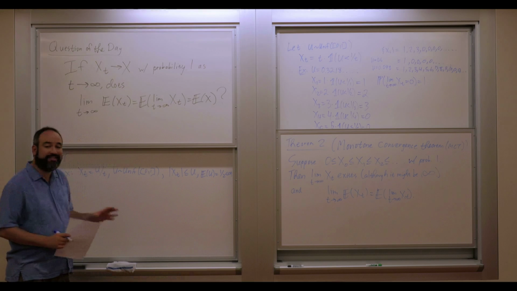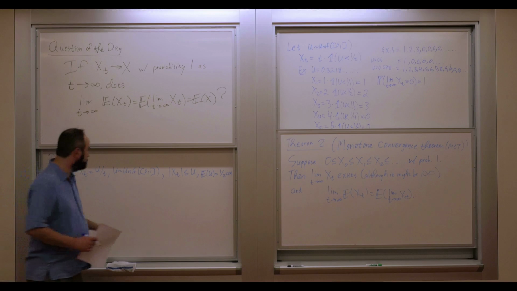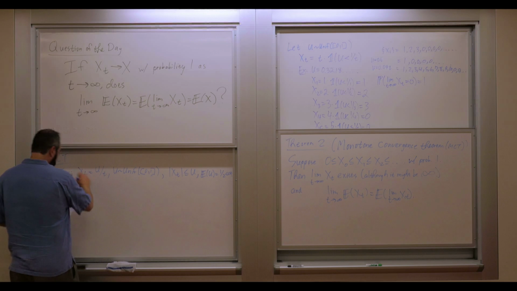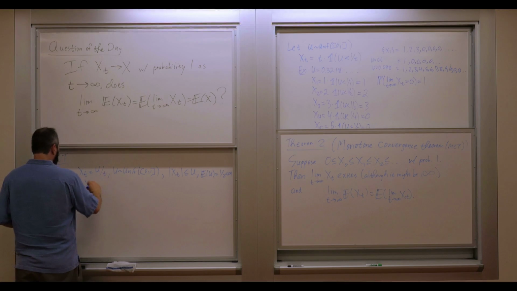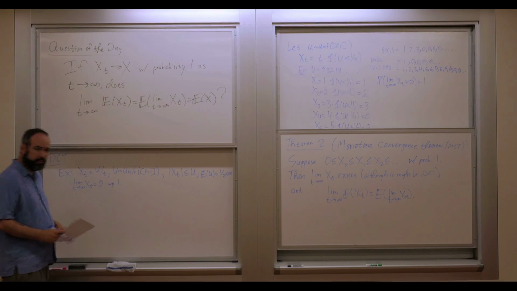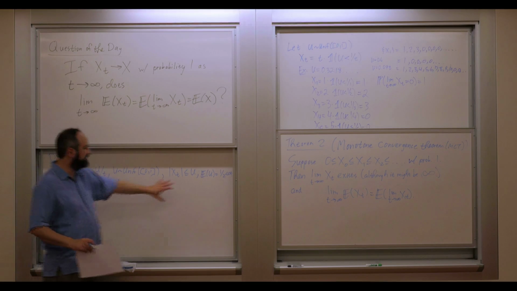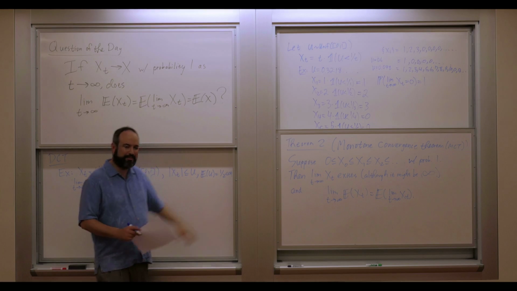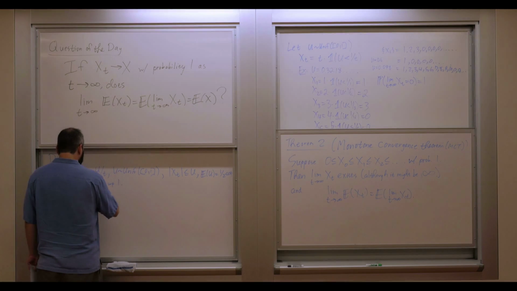So the conditions of the dominated convergence theorem apply. And we also know that the limit as t goes to infinity of X of t equals 0 with probability 1.